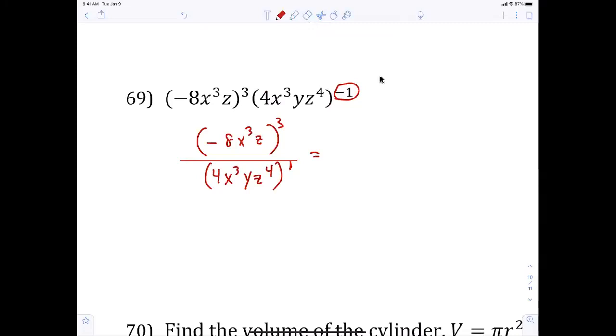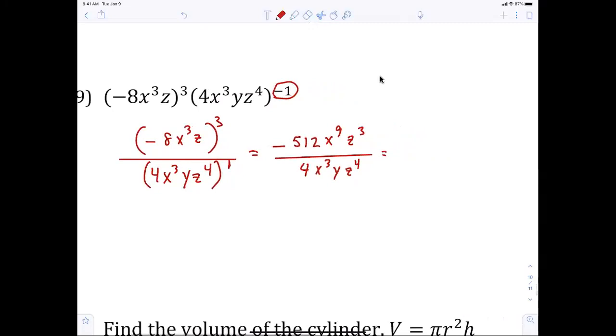All right. So negative to the third power remains what? Negative. And 8 to the third power is 512. X to the ninth, z to the third, over 4x cubed y z to the fourth.